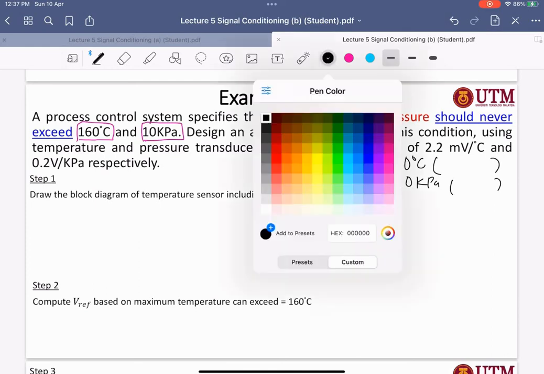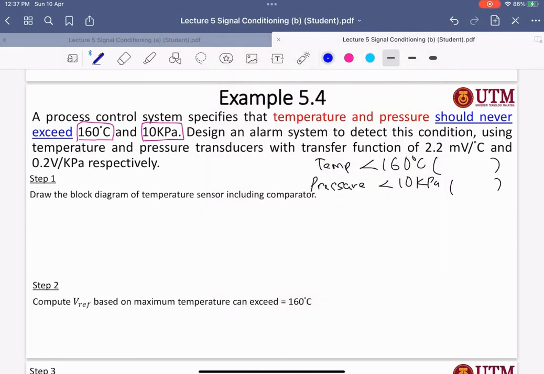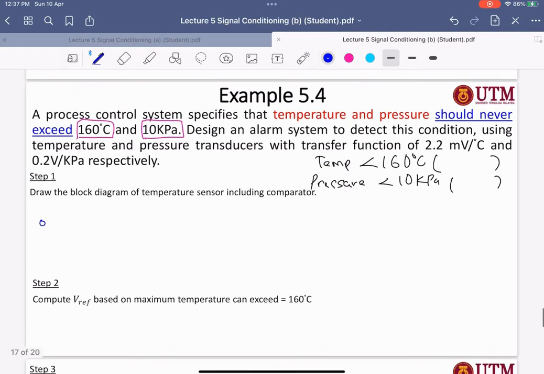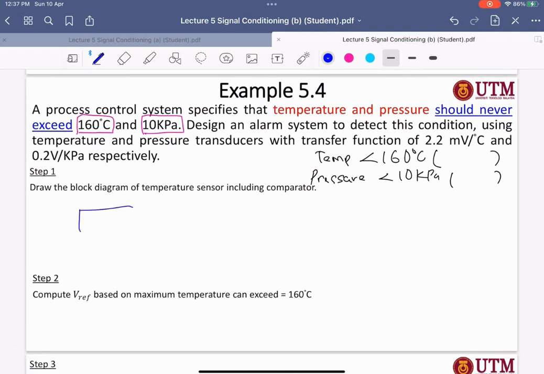So next, let's draw the temperature first. We have the sensor, so the sensor will be like this. Then we go to the comparator, with the plus minus symbol, so we know that is the comparator.